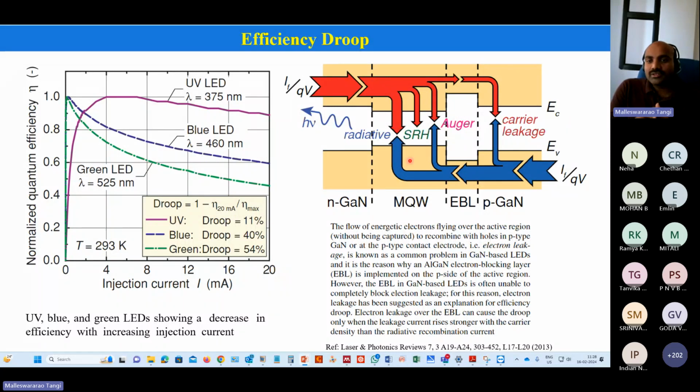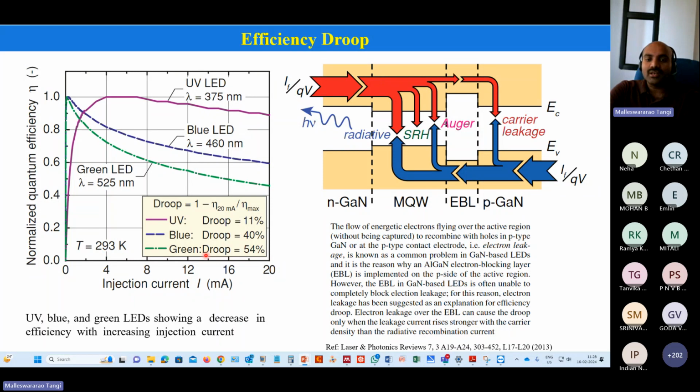In addition to these recombinations, some electrons can leak through the device. They may not participate in the recombination process. Simply, they escape and go towards p-type gallium nitride. This is called carrier leakage from the device. Because of this carrier leakage, we see this efficiency droop at higher injection currents.